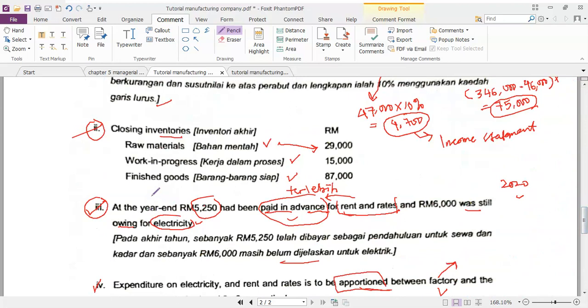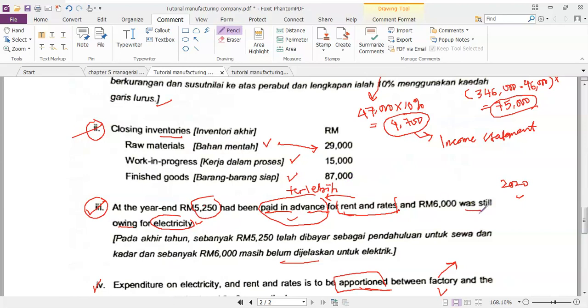These two things you must take into consideration before you determine the correct total expenses for rent and rates and also electricity.